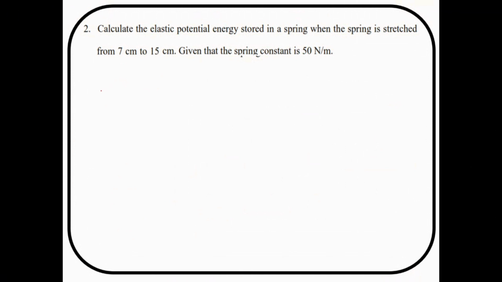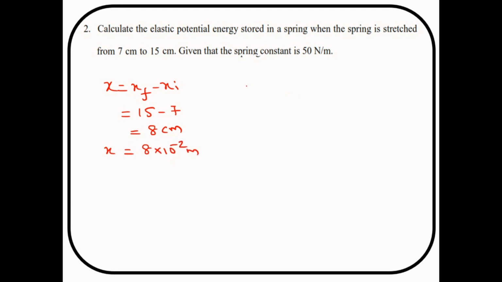So x is equal to x final minus x initial. The value of x final here is 15 centimeter minus 7 centimeter. So 15 minus 7 gives the answer of 8 centimeter. So that is the value of the extension of the spring here. Therefore x is equal to 8 multiplied by 10 power minus 2 meter.